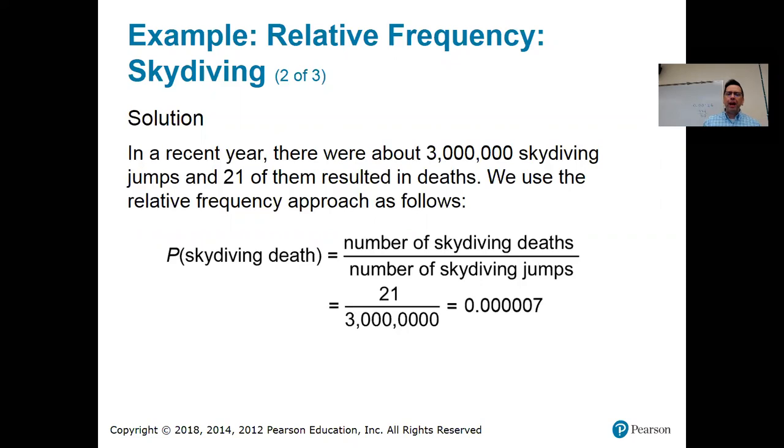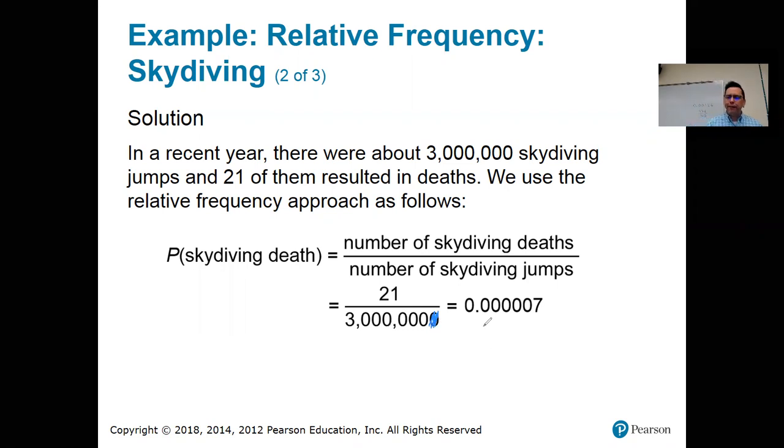So using the relative frequency approach, I would say that the probability of a skydiving jump resulting in death would be 21 over 3,000,000. This is a great example. They have too many zeros there, don't they? Okay. 21 out of 3,000,000.